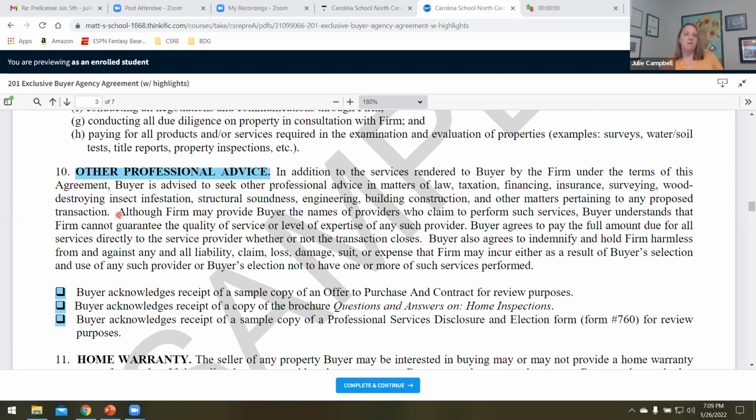Just because I may recommend doesn't mean that they have to. That's the kind of professional advice they're looking toward us for as the buyer's agent. Don't go to Google. They can do that. That's why we say professional advice. This is why your firm has preferred vendor lists, keeping in mind they're free to use whoever they want to.